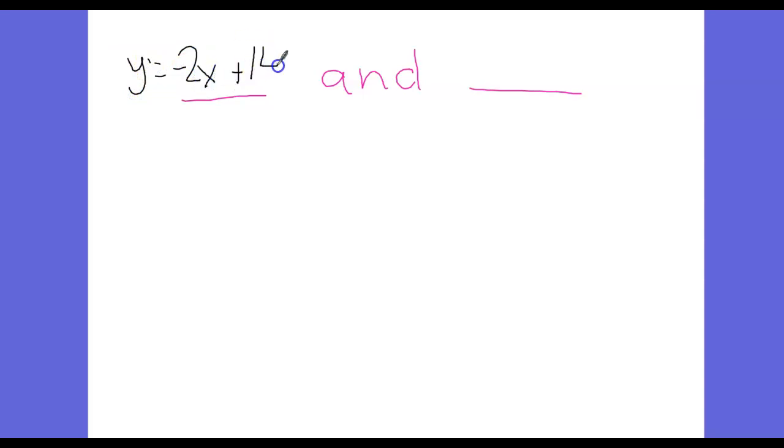So on your tasks, I believe it looks like you have blank and blank. Let's say, for example, her security desk to her slide 2 was y equals negative 2x plus 14. And then the other line was from her slide 3 to restroom.